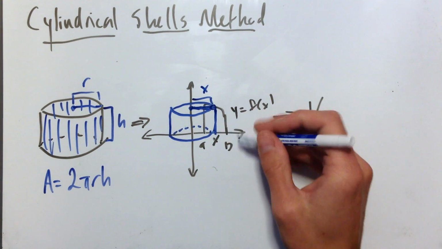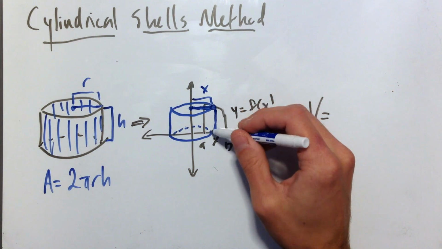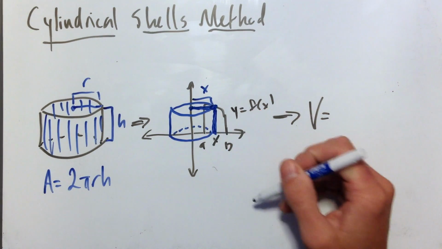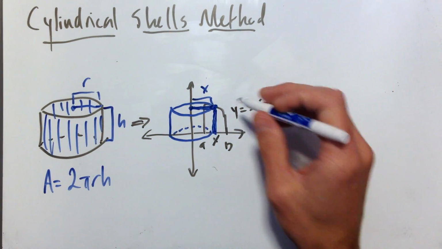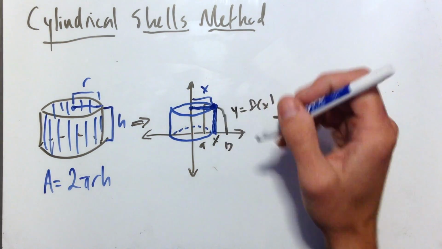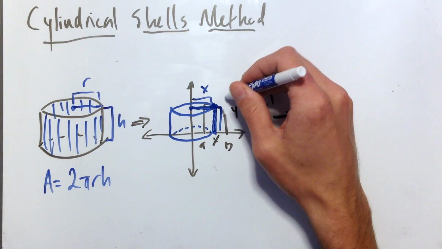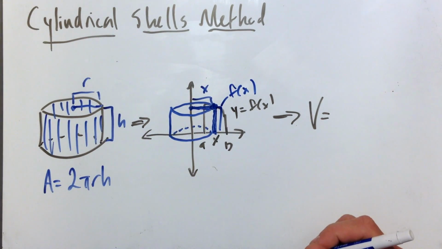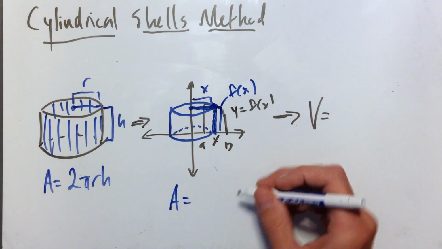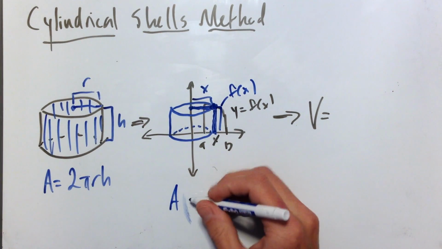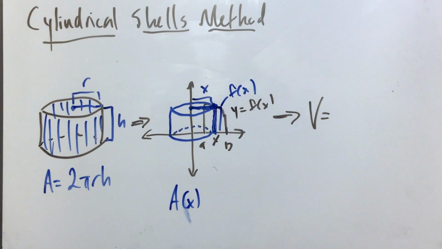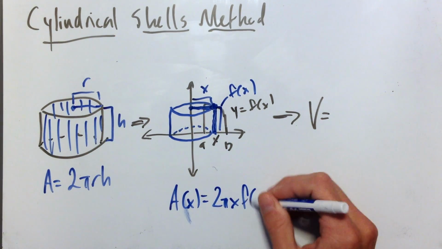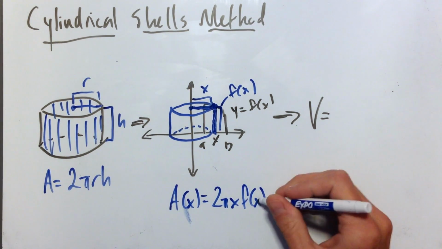And that's the radius. And the height is just going to be the distance between this point up here and the x-axis. Again, the coordinates of this point are x comma f of x, so the height here is f of x, the y-coordinate, the vertical distance. So that means that the area at x, thinking of this as an area function of the cylinder at x, is equal to 2 pi x times f of x.